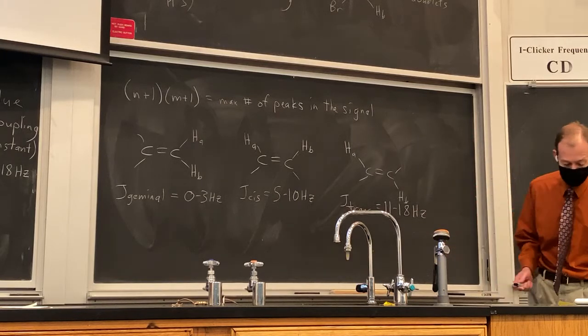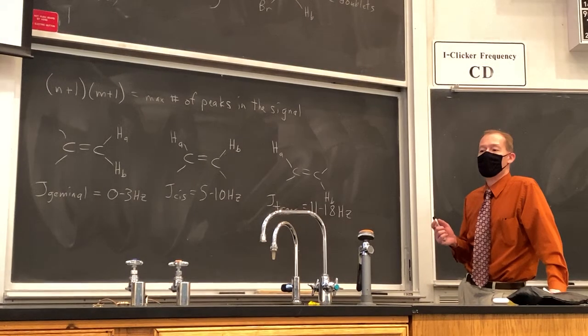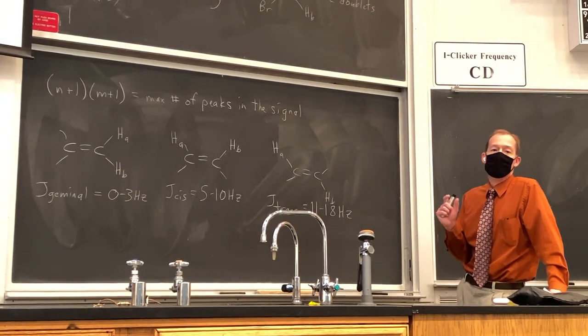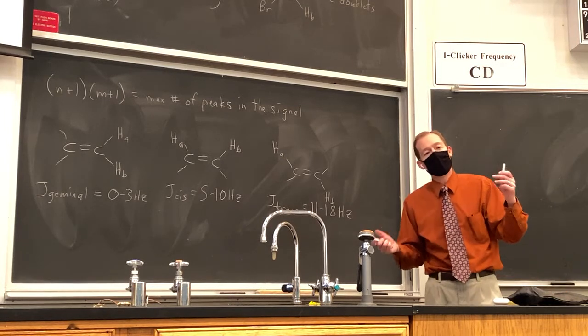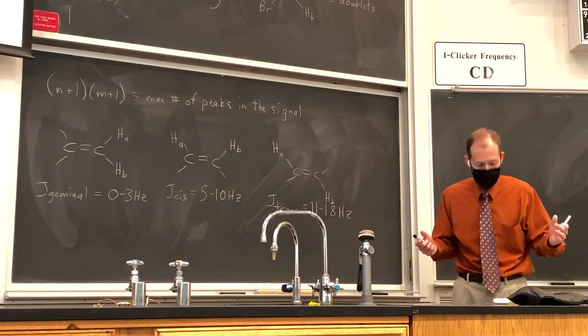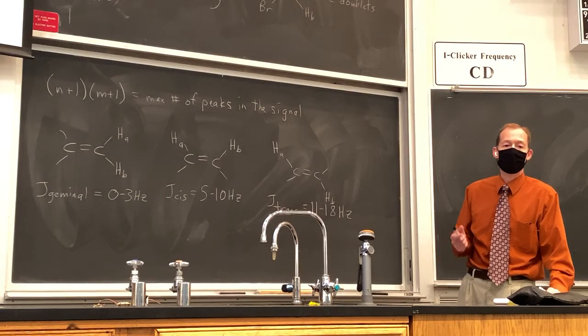Okay? So the reason for this is related to the fact that the magnitude of the coupling constant is related to the dihedral angles between those hydrogens. If you take Chem 455, you'll learn more about that in more detail.